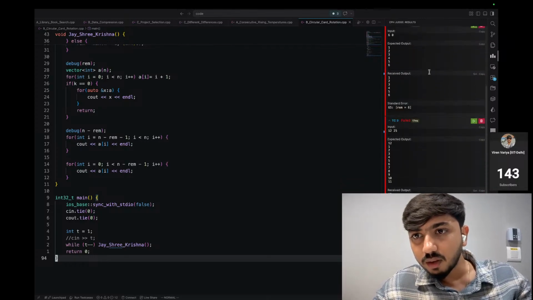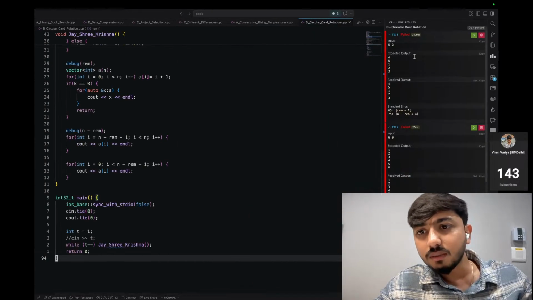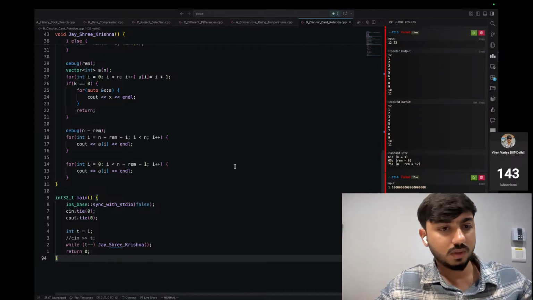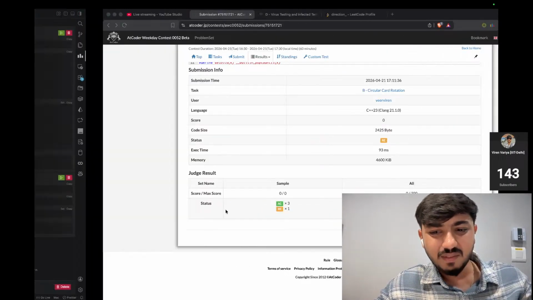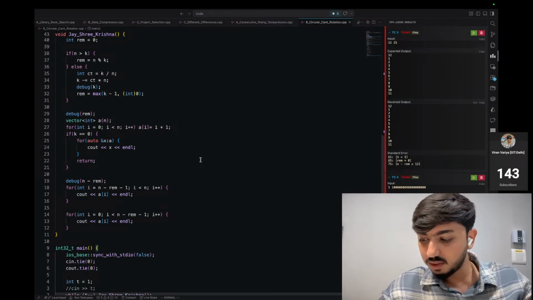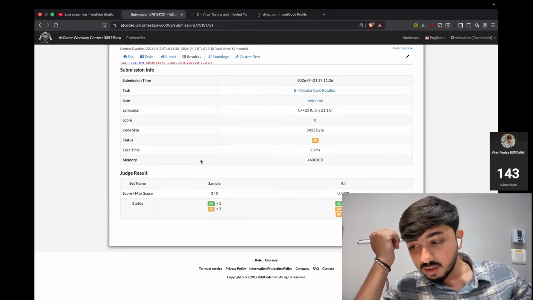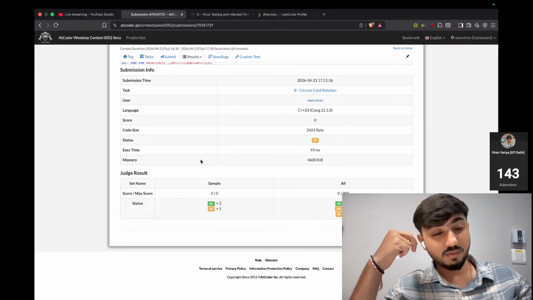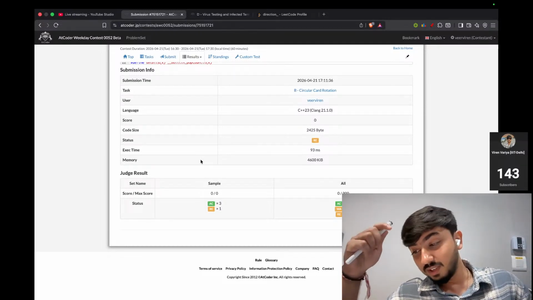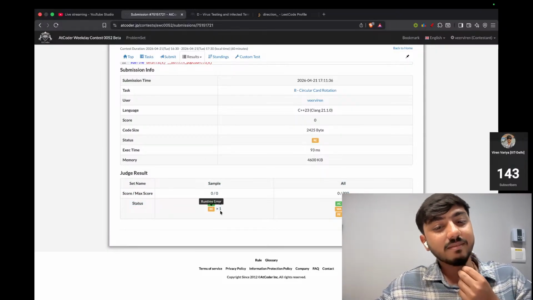No, right? We are not getting any. In the sample, we have four test cases: one, two, three, and four. Why runtime error? There is no runtime error in the sample, right? I have to be good at the simple questions. People will definitely make fun of me. Why runtime?